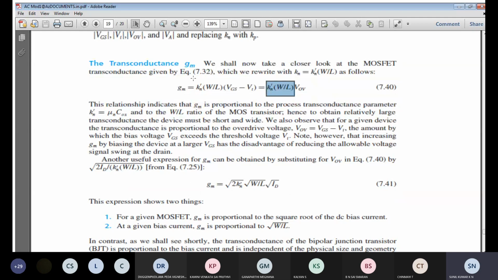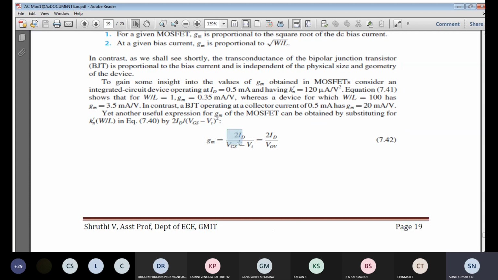Now I can substitute the value of this with 2ID divided by VGS minus VT whole square, and this VGS minus VT gets cancelled. So we are left with the transconductance expression as 2ID divided by VGS minus VT. So that is what you are going to get over here, or you can write 2ID divided by VOV.